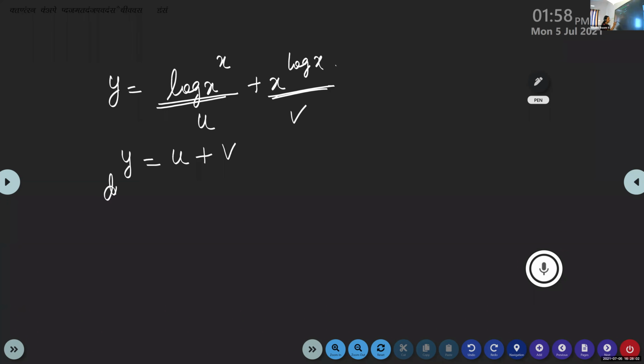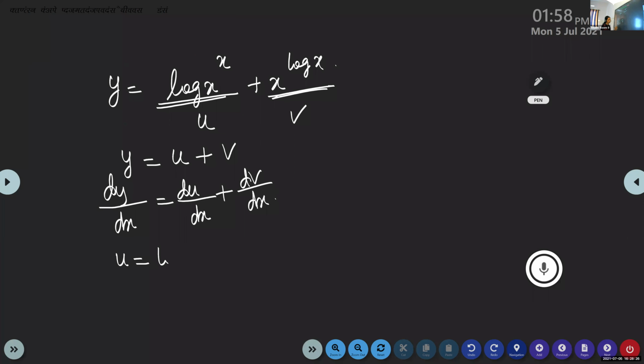What is dy by dx? dy by dx is du by dx plus dv by dx, where the first function is u and the second function is v.